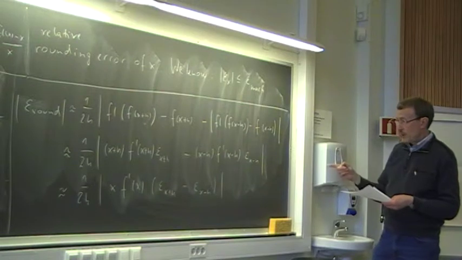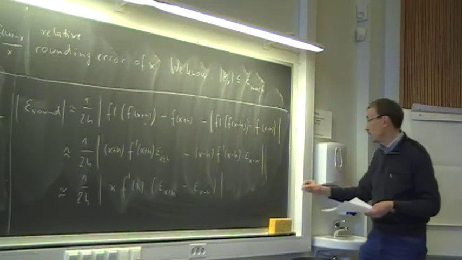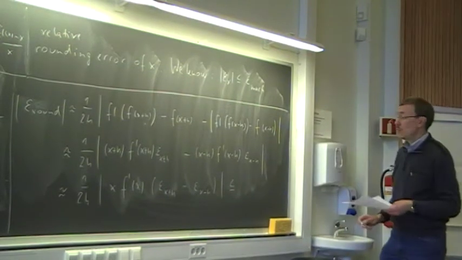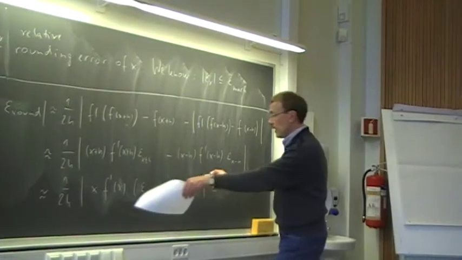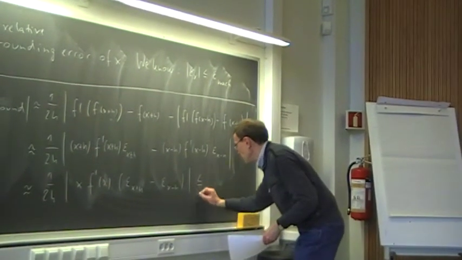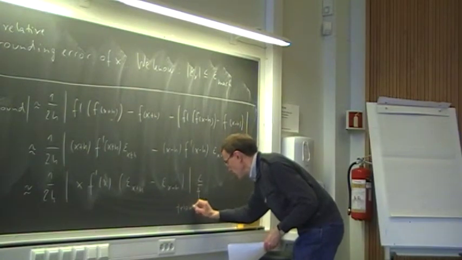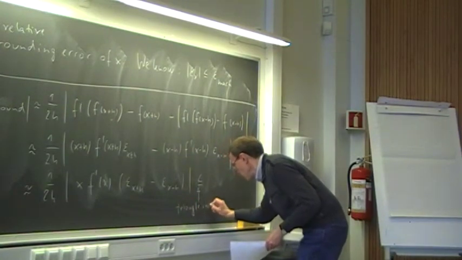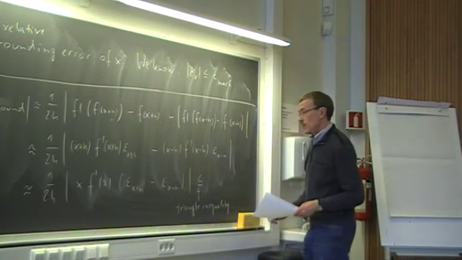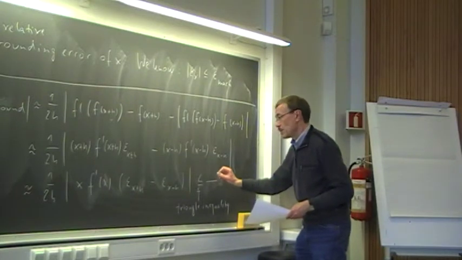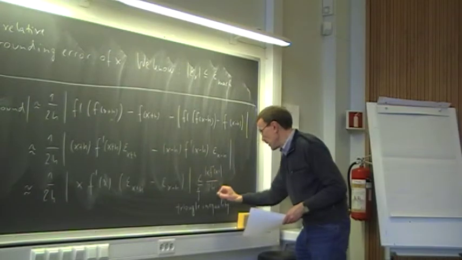But what we can do at this point is that we use the triangle inequality to estimate this absolute value. So what we use here is the triangle inequality. That means we can use the absolute value of x times f prime of x divided by 2h.